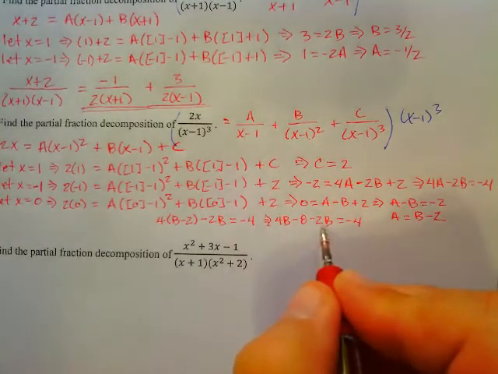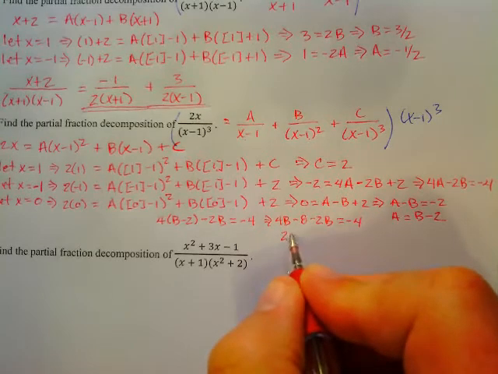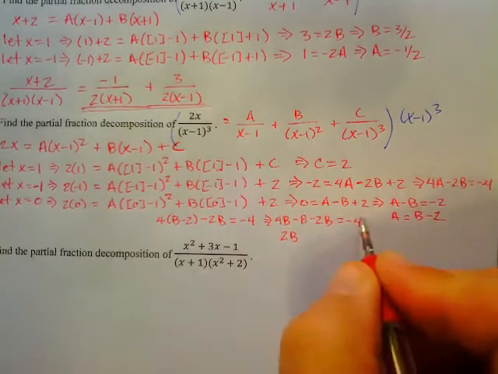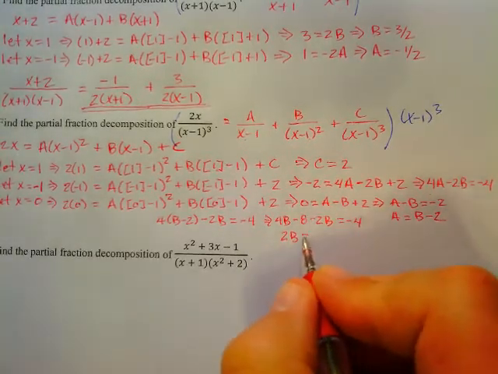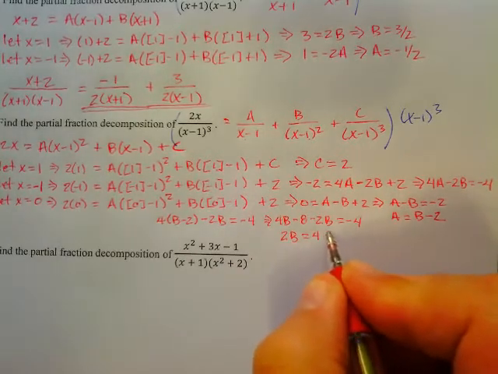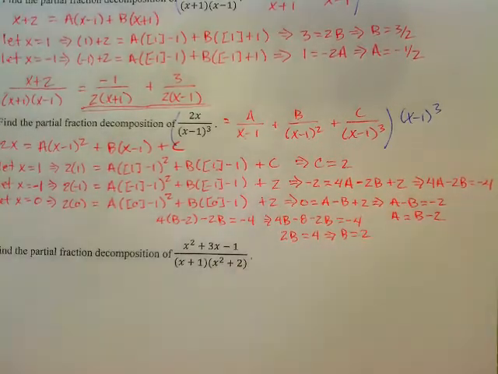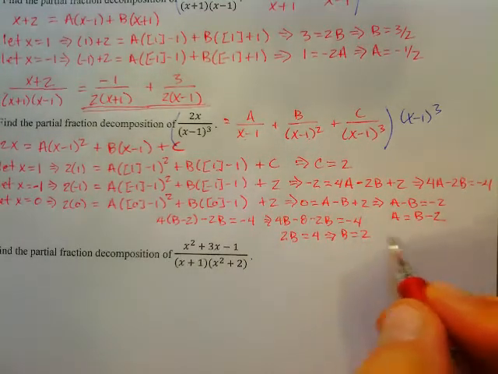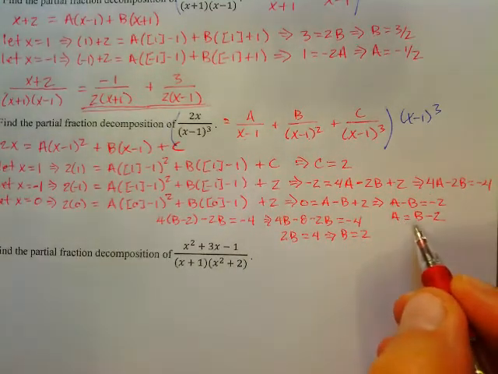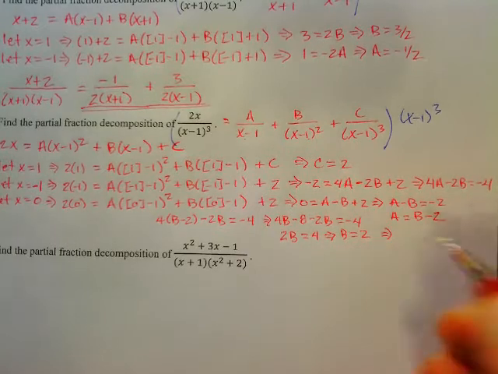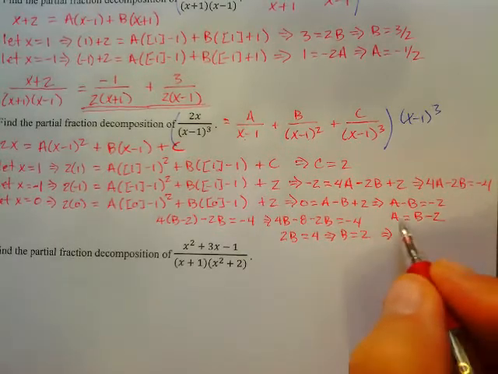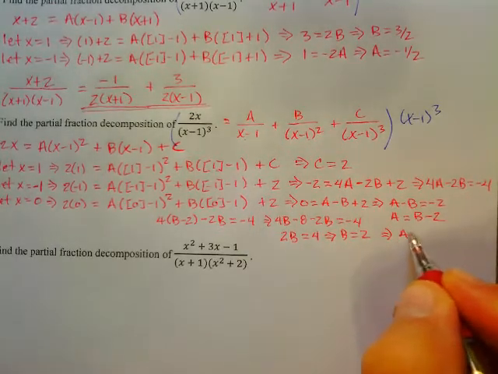So 4b minus 2b would be 2b. Put the 8 on the other side, that will equal 4, which means then that b equals 2. And now that I know that b equals 2, it tells me then that since a is b minus 2, a will be 0.